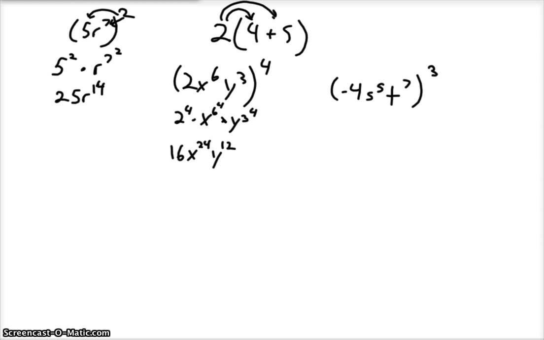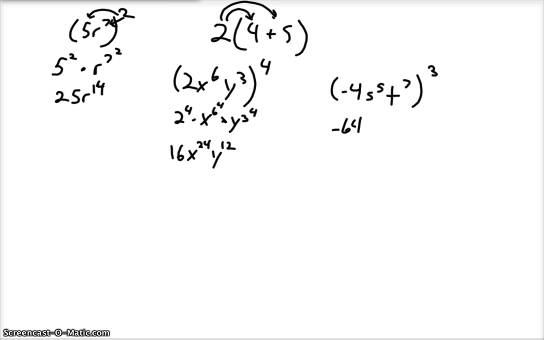So it's negative 4 times negative 4 times negative 4. So we have 3, so that means our answer will be negative. Negative 4 times negative 4 would be positive 16. But if we multiply that again by negative 4, we would get negative 64.